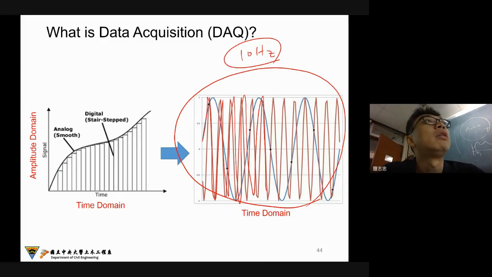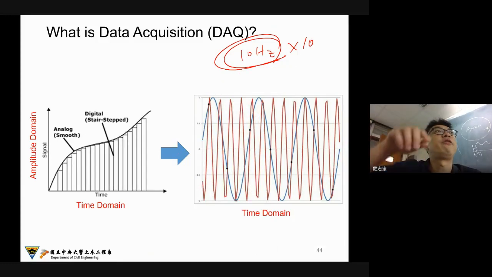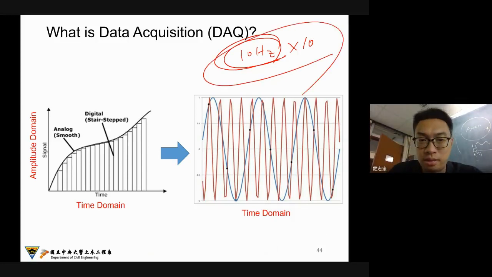So somehow we may use 10 times the original signal. Here I would like to use a 100 Hertz sampling frequency. After the sampling, you get a very smooth curve compared to the original one. This is what we try to do in practice.